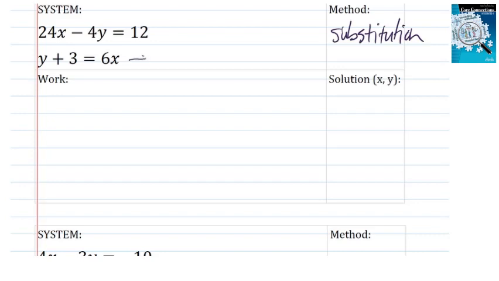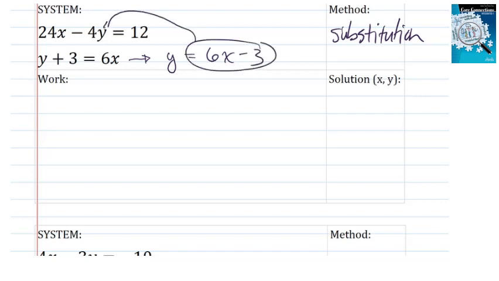By the way, I said I would use substitution for this one. What I would probably do is subtract 3 from both sides, and I would get that y is equal to 6 times x minus 3. That is a great value for y to put into the first equation. You'd have to distribute that -4, and a spot where you would likely make a mistake is in the 24x minus 4 times the quantity 6x minus 3, which equals 12.